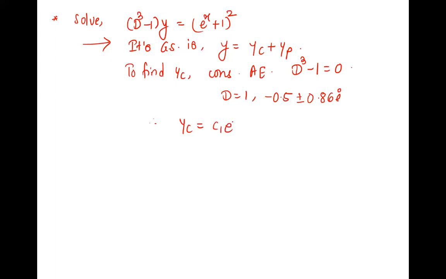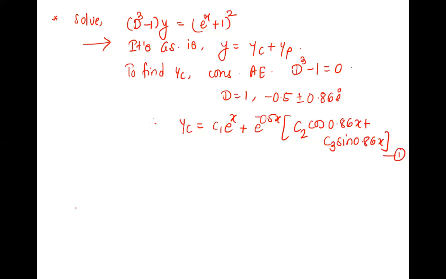C1 e raised to x plus e raised to minus 0.5x in bracket, C2 cos 0.86x plus C3 sin 0.86x. Correct? Can you check your answer? Matched? Yes, ma'am. Correct.